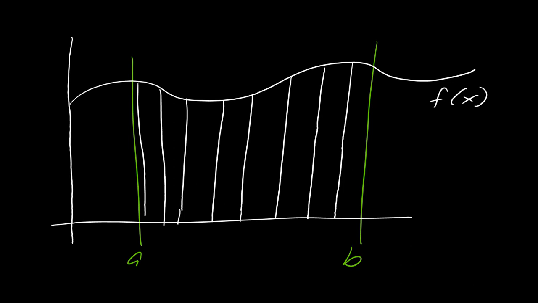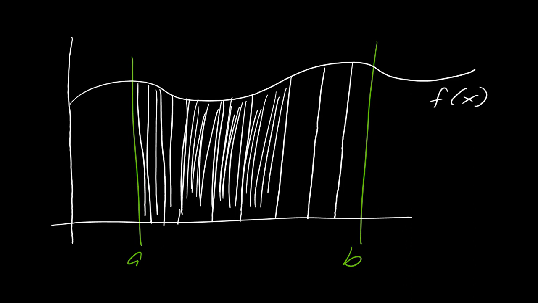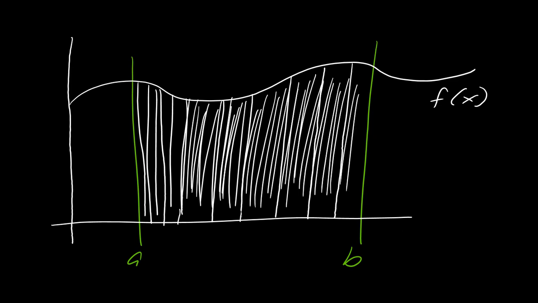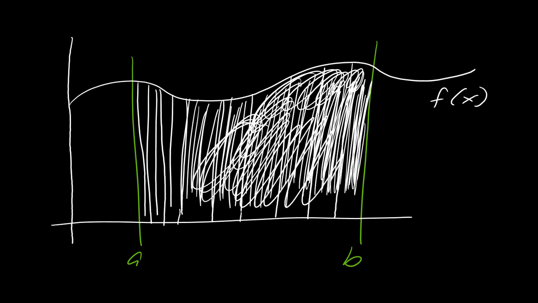Basically, I'm creating so many rectangles that at some point it just starts to look like I've filled in the shape because they are getting so fine. Eventually, if I can take the number of subintervals out to infinity, I do end up getting the area of this shape.